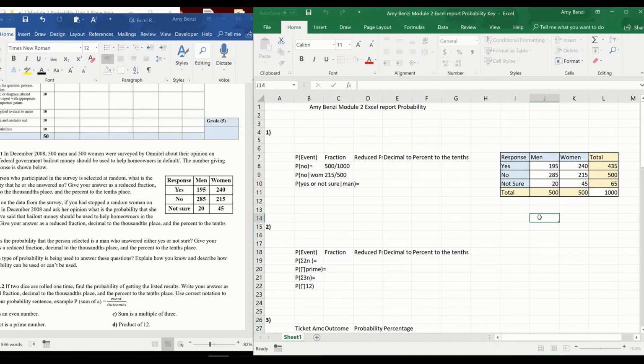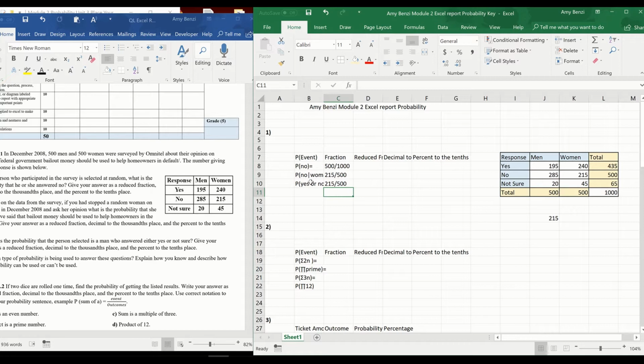I know that's easy to add in our head, but I'm going to let Excel do it for me. Equal sign, not sure, plus yes equals 215. So now right here I have actually the same fraction from above. I could cut and paste it, but I'm not going to do that. Divided by all the men, 500.